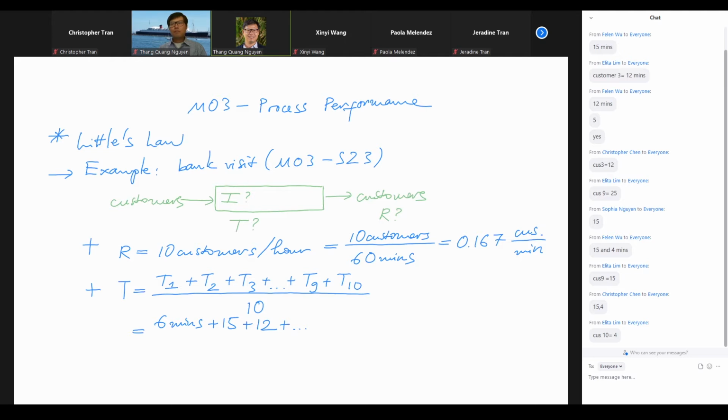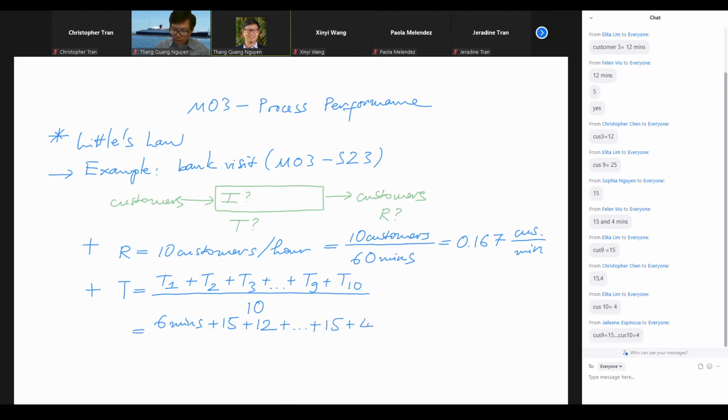Right? Everyone else, we are just looking at slide 23. We subtract the time in from the time out, right? And then we know how long each of the customers stay in the bank. So I also got it from Jaylene. Good. All right, so I hope now you know how to do it, right? So customer 9 is 15 minutes and customer 10 is 4 minutes.